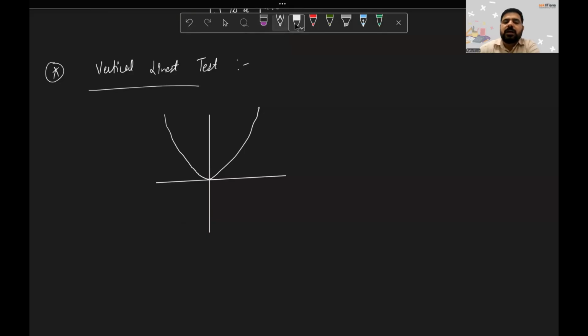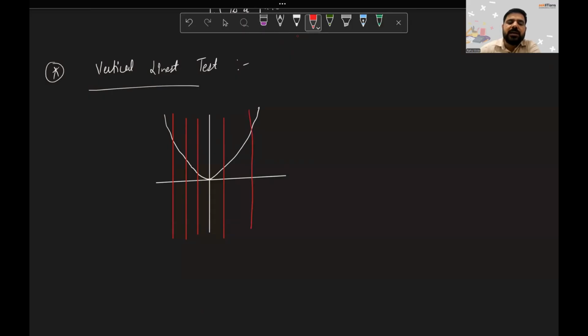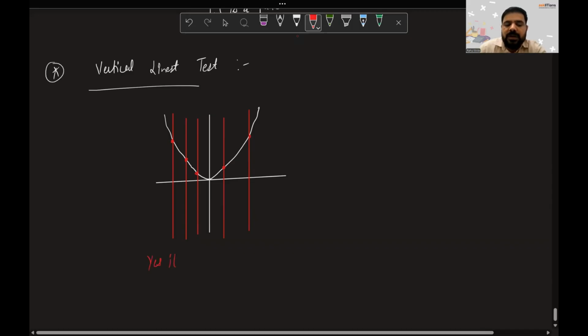If we draw vertical lines over here, you can draw as many vertical lines as you want, and as long as they intersect at only one point, everywhere you'll find that the vertical line intersects at only one point. Hence, it is a function.